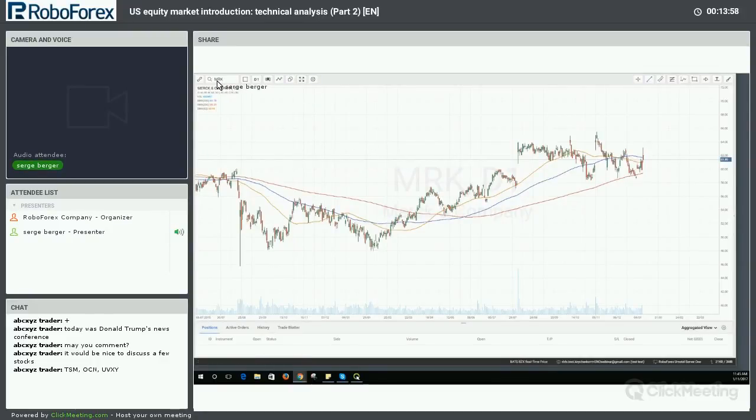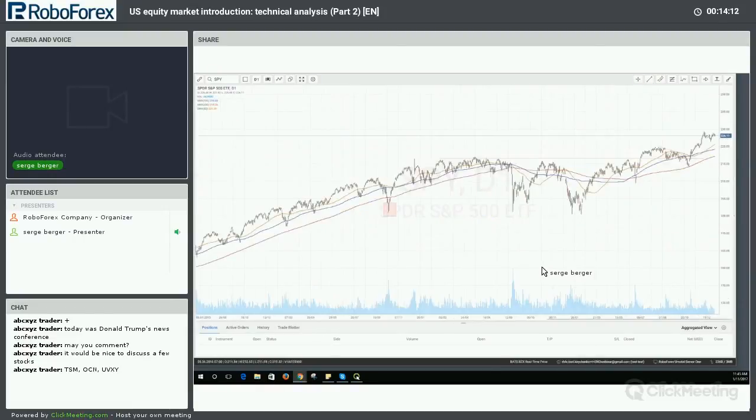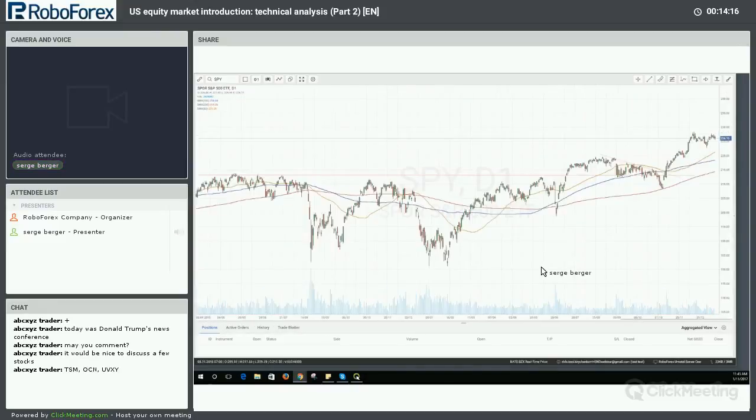But I can tell you, from my own experience of doing this for a long time, the 50-day moving average is one of the worst ones you can use for the S&P 500 over time. There are going to be periods when it works okay, but for the most part, it's a pretty useless moving average, and there are multiple reasons for that.